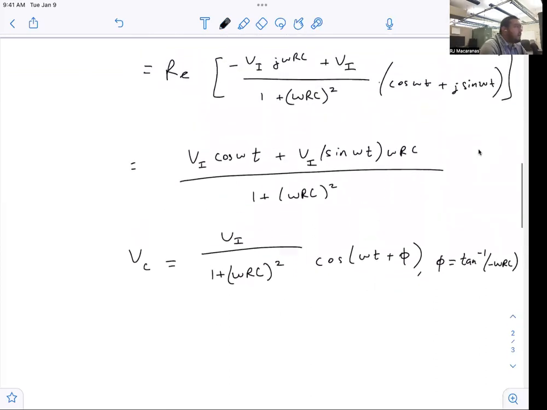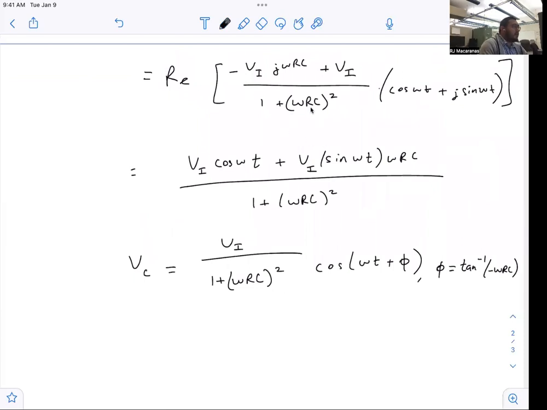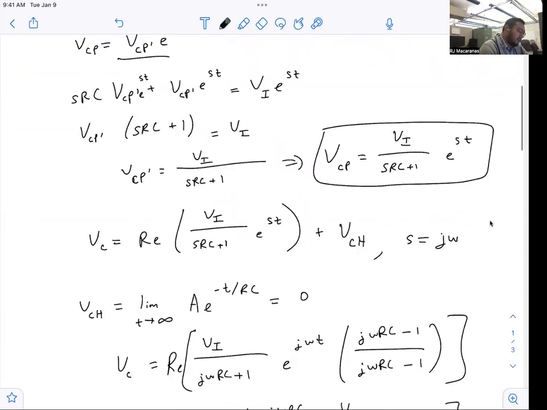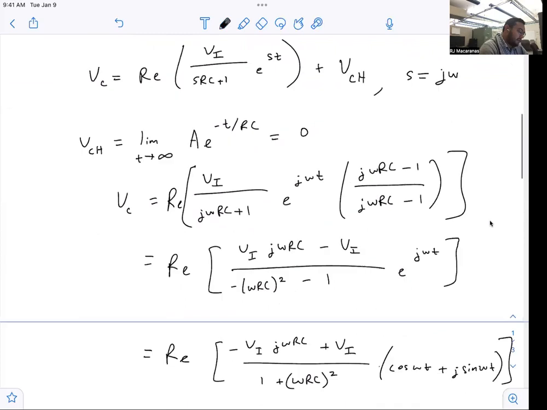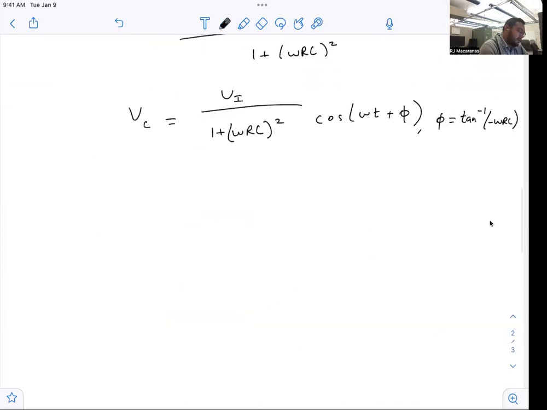Okay, that's all fun and good. We're not going to be dealing too much with that. It's just worth taking a look at once. So this is the response due to some sinusoidal drive.